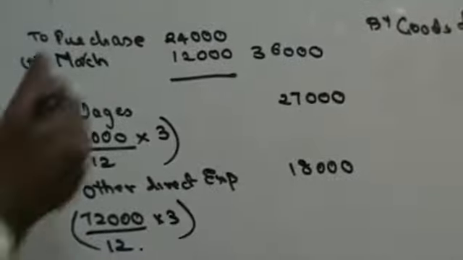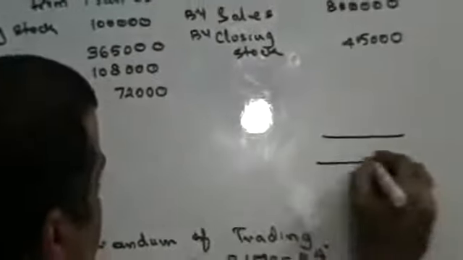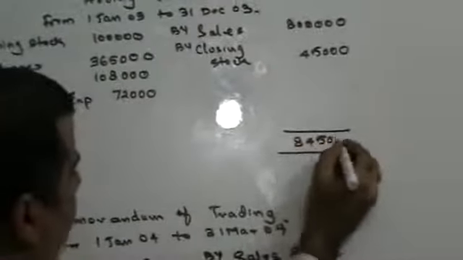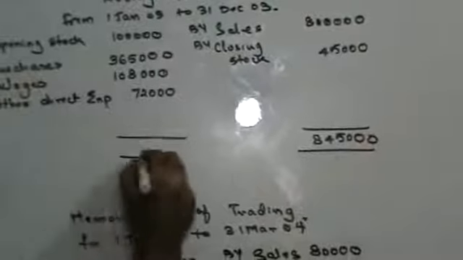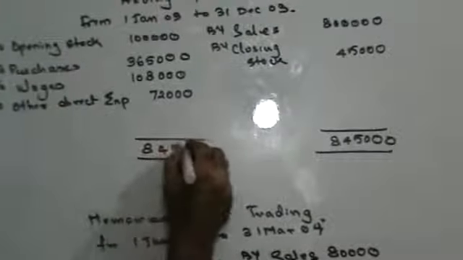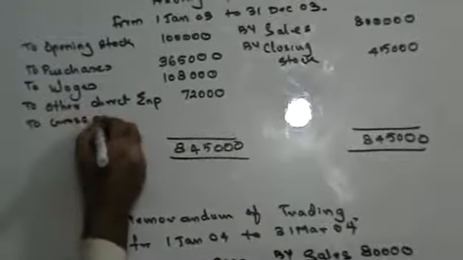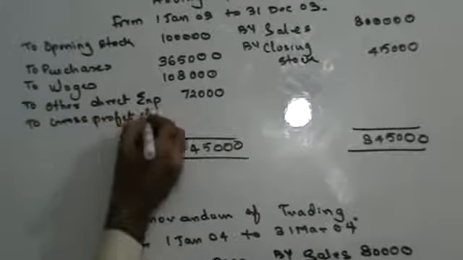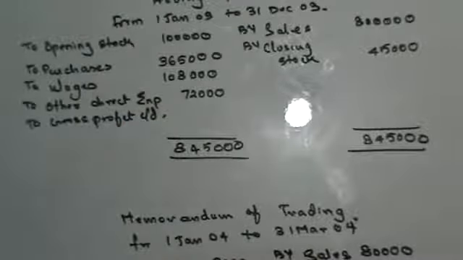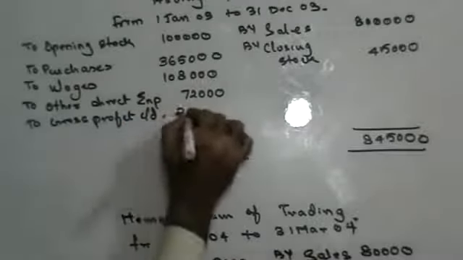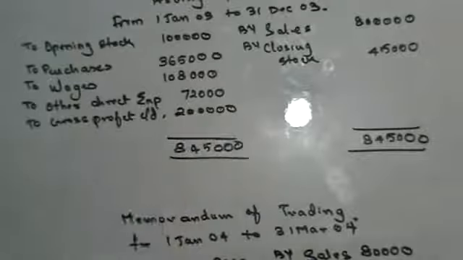Right? Let's start tallying guys. This is 8,45,000. This is going to be gross profit carried down. Gross profit carried down is going to be 2 lakhs. Right?